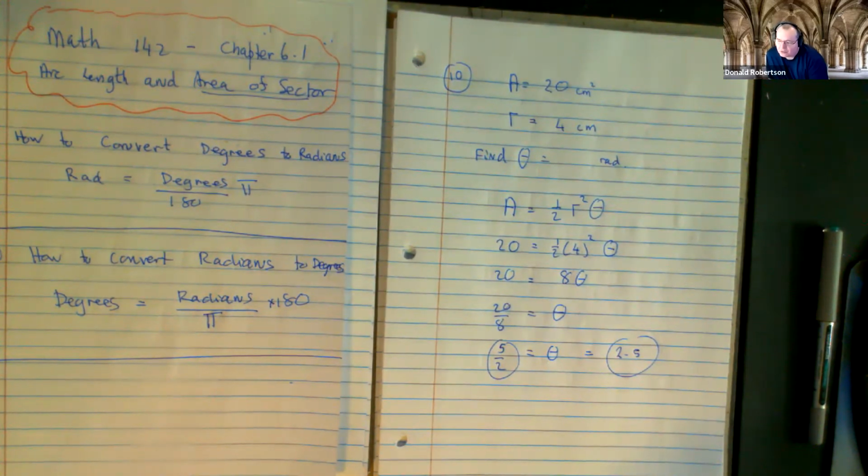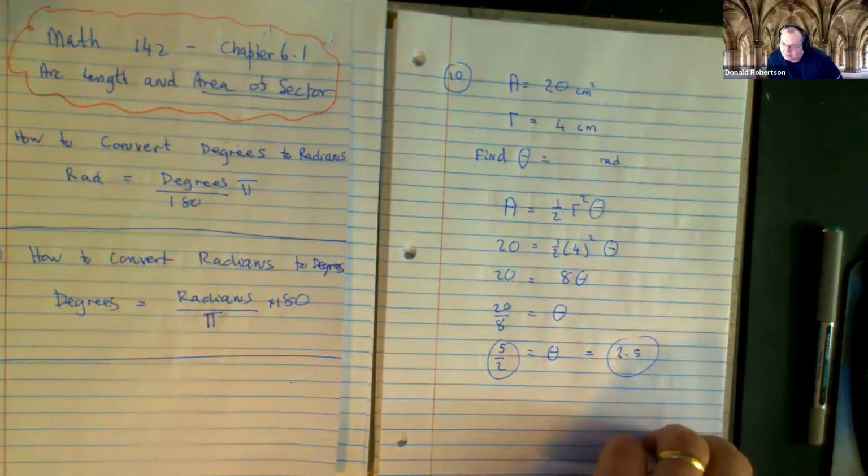But if the answer was a third, it's probably not a good idea to put 0.33 down, because won't WebAssign say, well, that's not really the answer, that's rounded off. That work good?